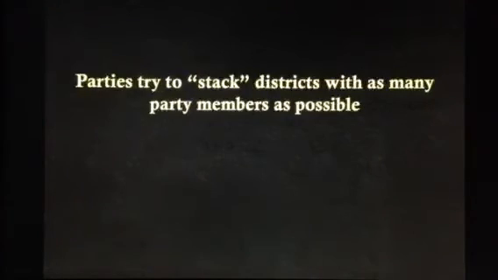You see, state legislatures from both parties try to create these districts that benefit their party. They try to stack these districts with as many members of their party as possible. This creates what's called a safe seat for their party, meaning it's near impossible for a member of their party running against the other party to lose that congressional district because there are so many party members from that party in that district. It's a safe seat.